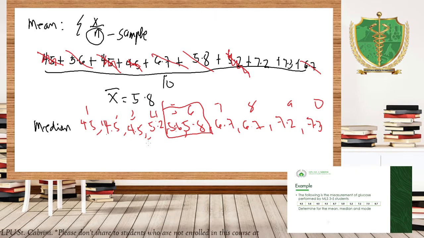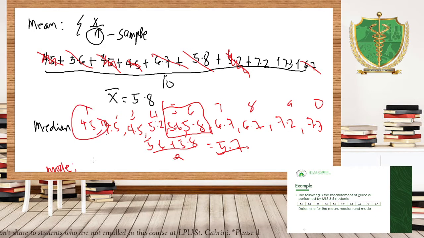So to get the median, that will be 5.6 plus 5.8 divided by 2, which is 5.7. Our median is 5.7. Now for the mode, mode is the most frequently occurring data, and that is 4.5. That's how we're going to solve for it.